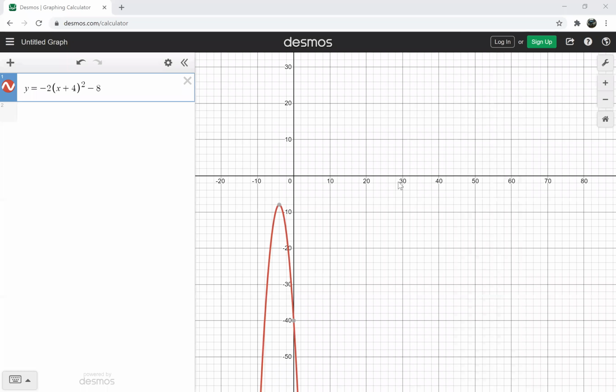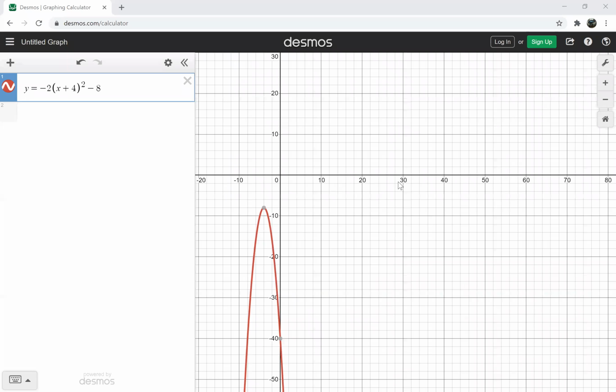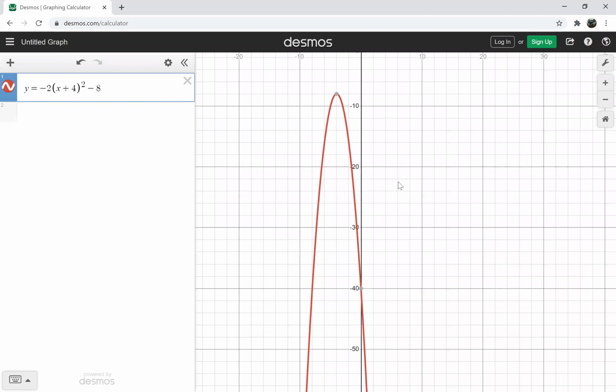So notice that this is exactly what the graph is going to look like. We have a point at 0, -40, which is what we found. Our vertex should have been -4, -8. Yep, it is. And notice how it's reflected along that vertex. If we draw a vertical line right through the vertex, it's flipped on both sides.